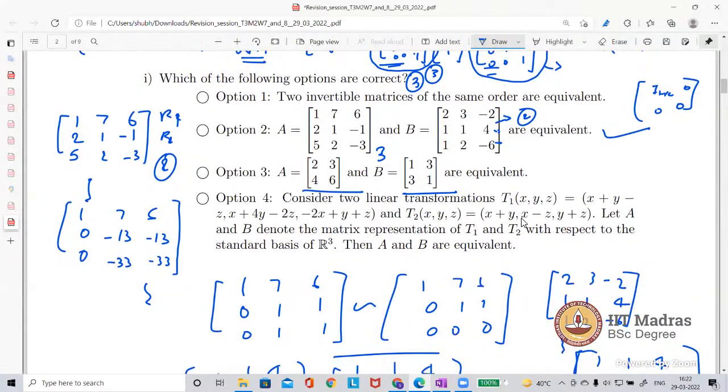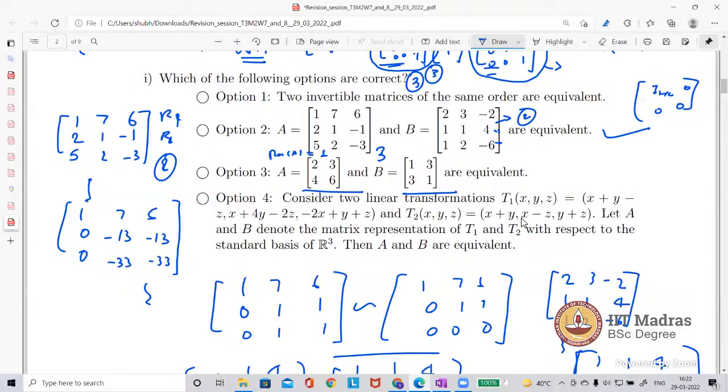The best, easy way to decide is to get the determinant, because here it is a square matrix. Or you can see that the second row is a multiple of the first row. That means the rank of A is 1, because this will become 0 with a row operation.